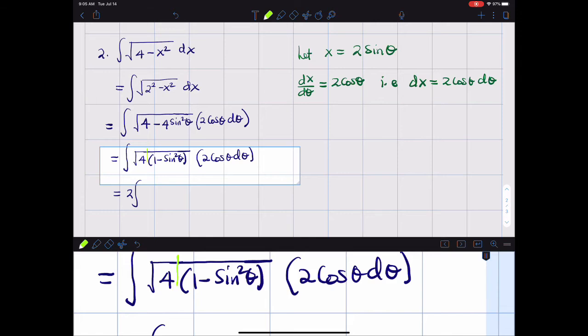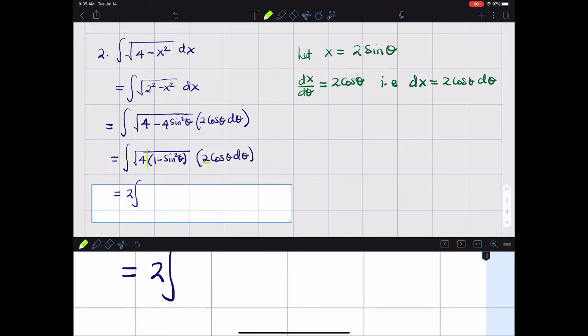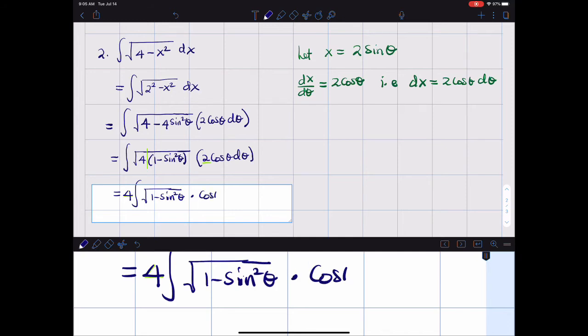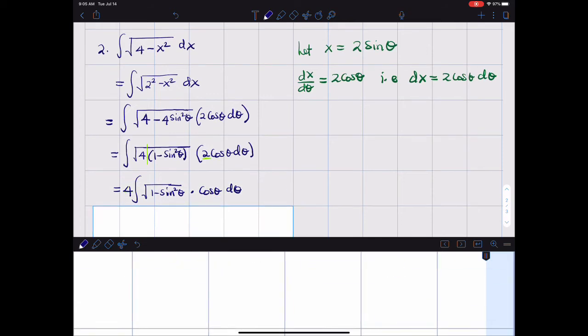If you multiply both of them, you get 4. Factor out a 4, and then we are left with the square root of 1 minus sine squared theta times cosine theta d theta.